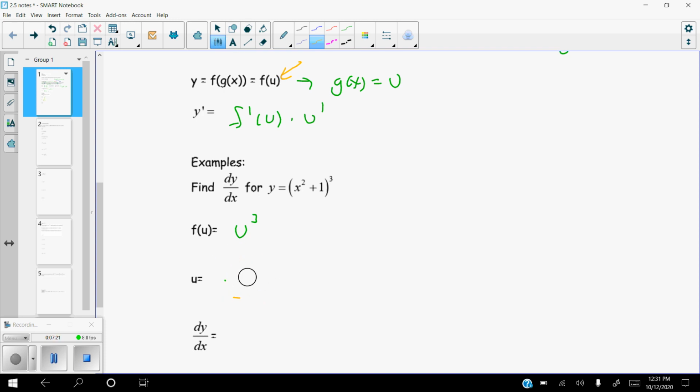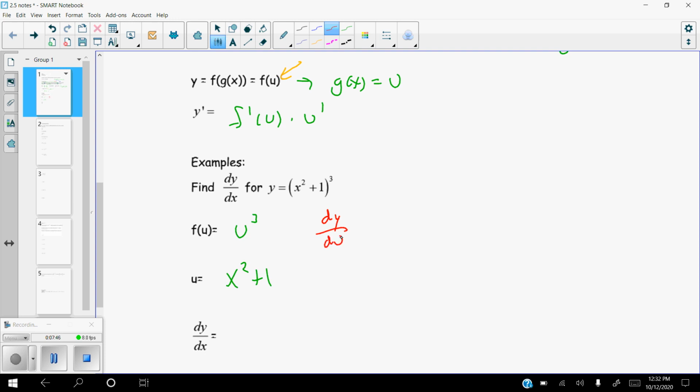Whoops, didn't mean to erase the x squared plus 1. Let's put that back in there. There we go. Okay, so according to our definition above, it's going to be dy du. So I need to find that first. So dy du, or the derivative of y.